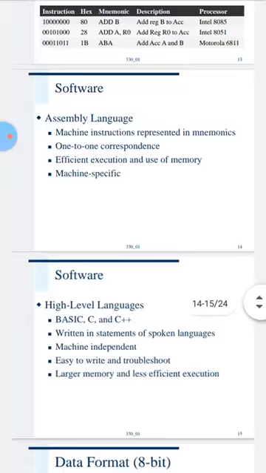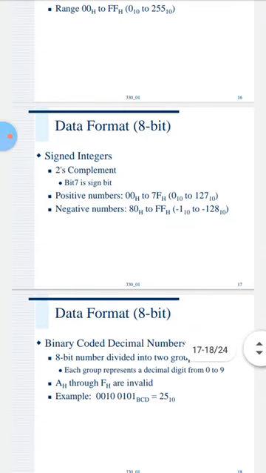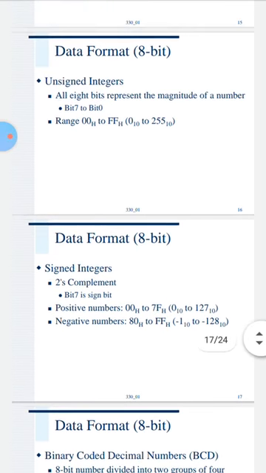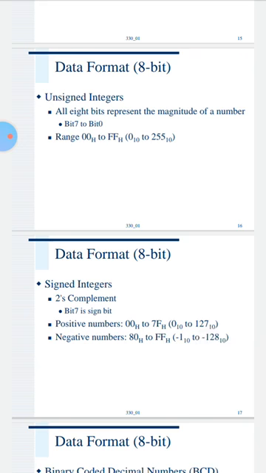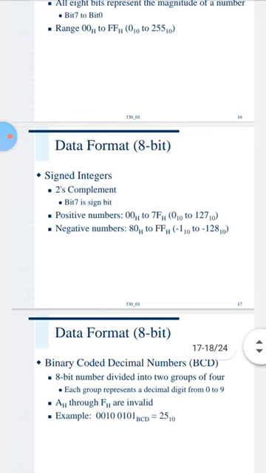Okay, so these data formats are unsigned integers. All 8 bits represent the magnitude of the number from bit 7 to bit 0, range 00H to FFH. Okay, and now first is unsigned integer, then signed integer is 2's complement. Then we study bit 7 is a sign bit, positive numbers 00H to 7FH.